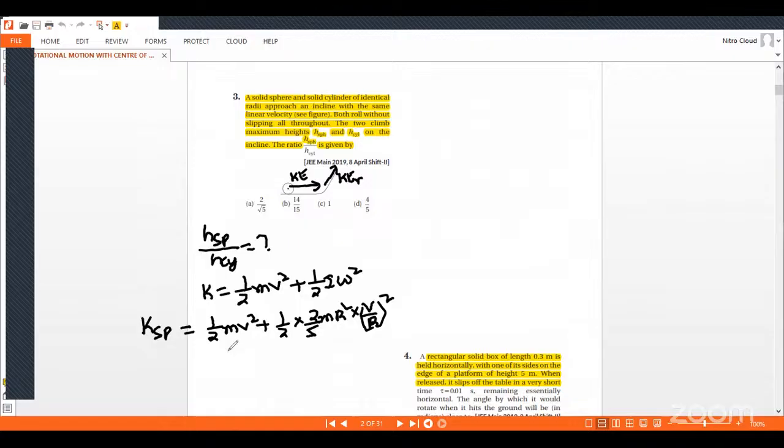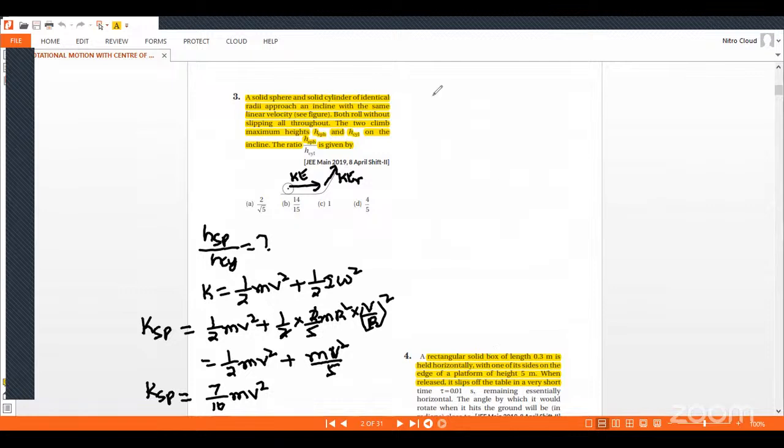So it is half mv square plus mv square by 5. 2 gets cancelled. So kinetic energy of sphere will be 7 by 10 mv square.